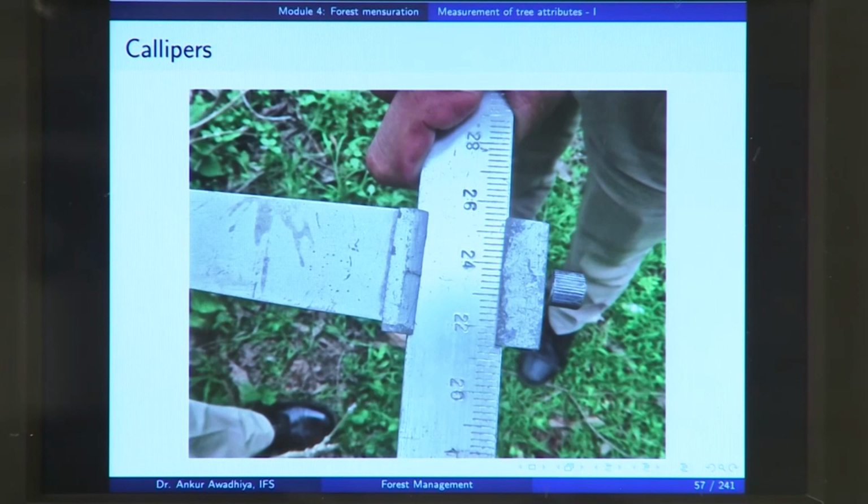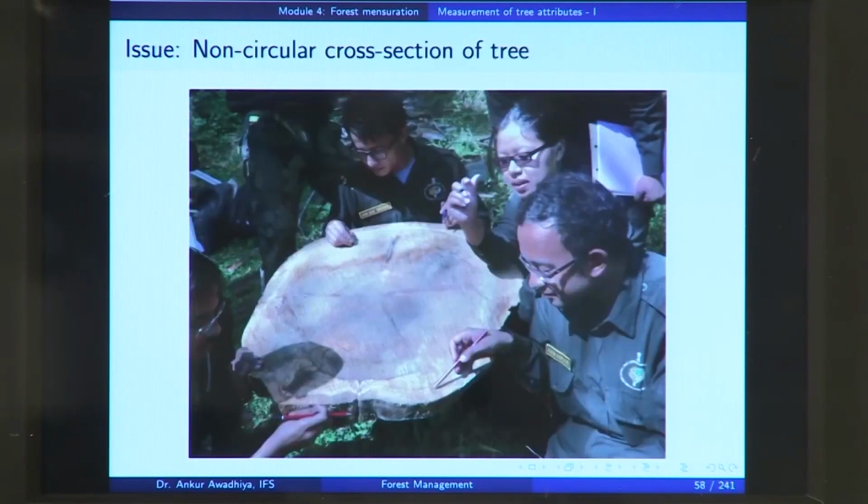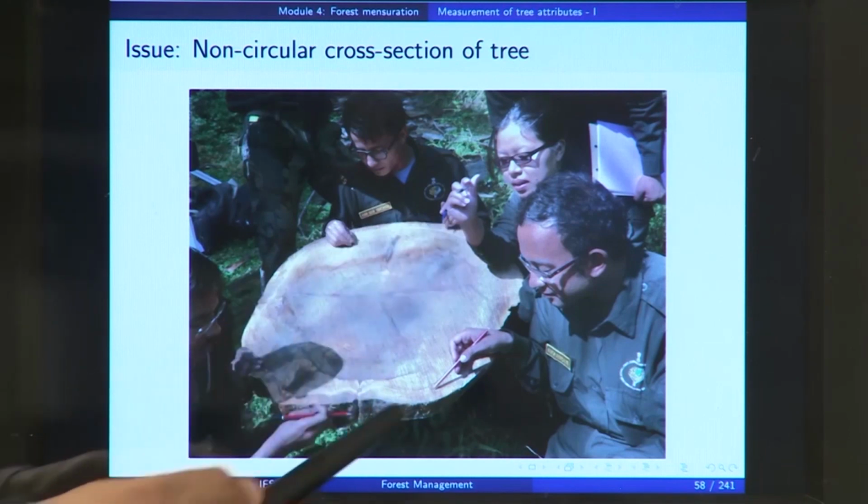That is easy, but then there are also certain issues. One issue is the non-circular cross section of a tree, because when we are talking about a diameter, we are considering the tree to be having a circular cross section, but in practice most of the trees have an irregular, non-circular cross section such as this tree.